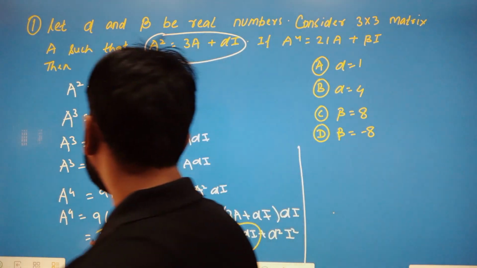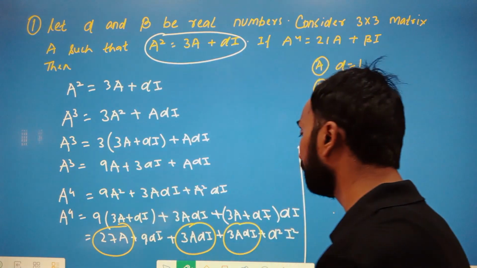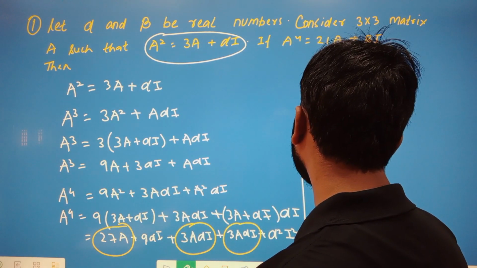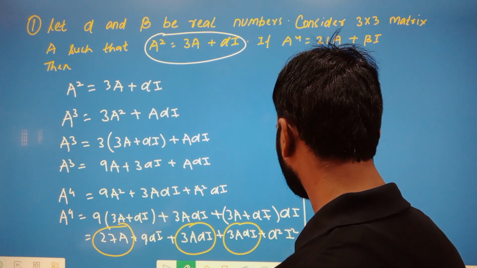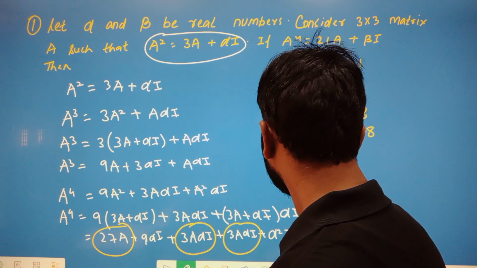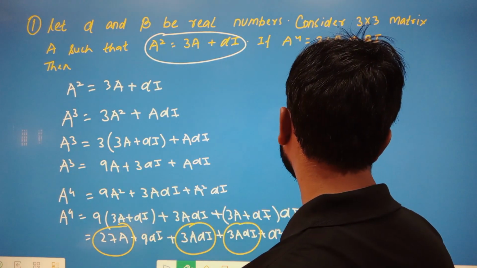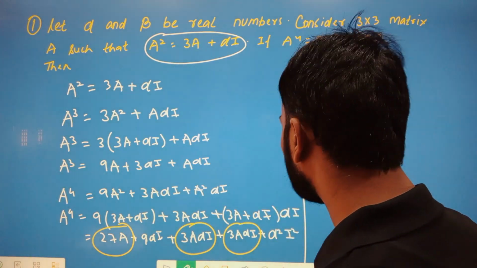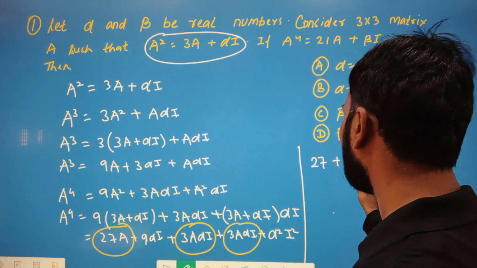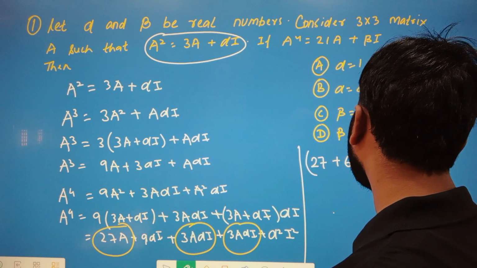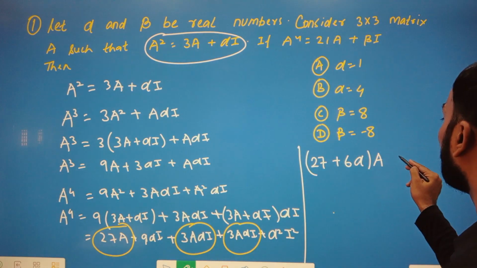From these three terms I am taking A common, so I can write it as 27 plus 6 alpha, and outside the bracket I am taking A common, right?